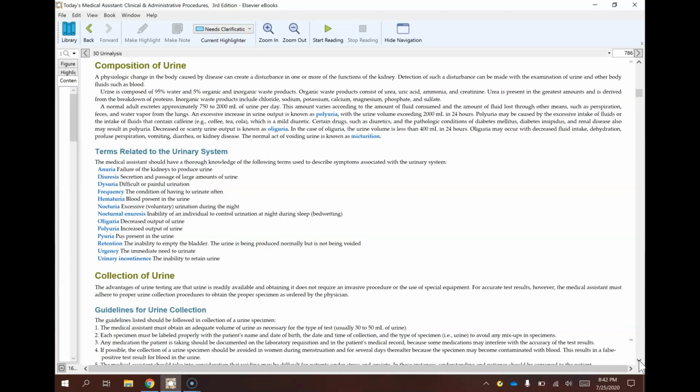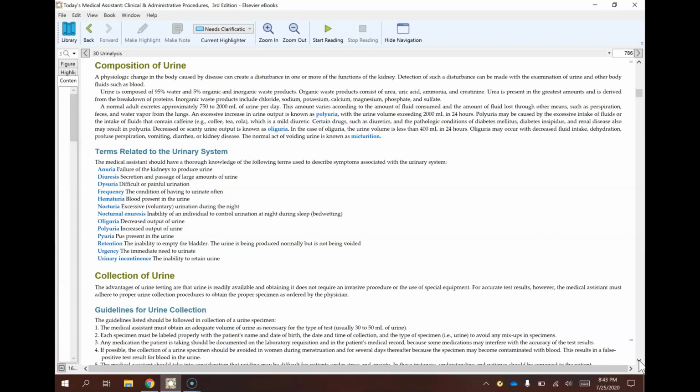And looking at composition of urine, we're talking about things like polyuria, which I mentioned above is an excessive increase in urine output. And then the opposite is oliguria, which is decreased or scanty urine output.